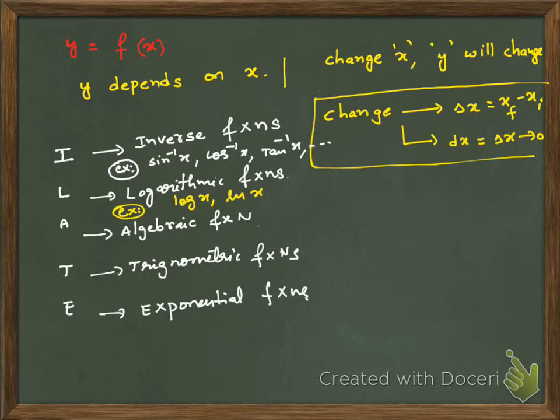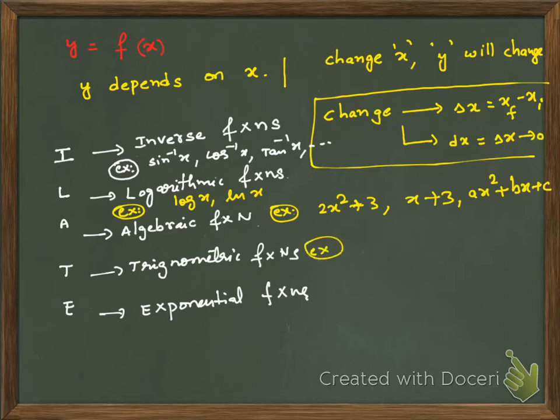Your examples of algebraic functions are 2x square plus 3, x plus 3, ax square plus bx plus c, or some linear function combination. Anything like that can be written as algebraic functions.